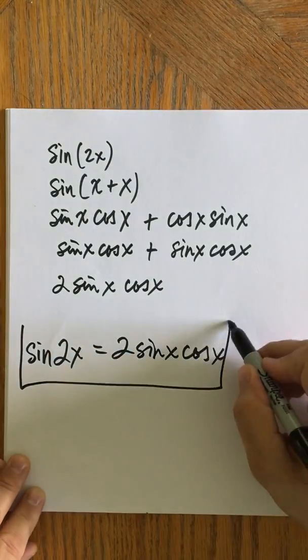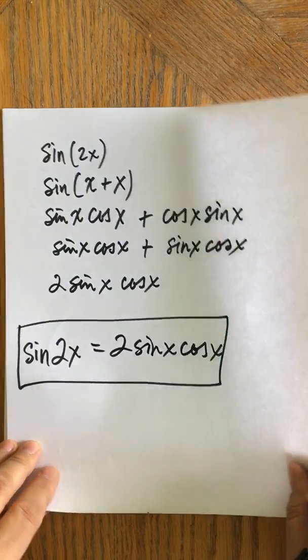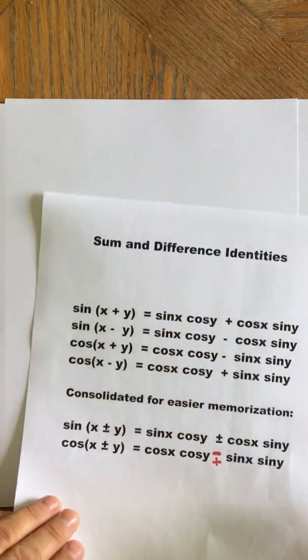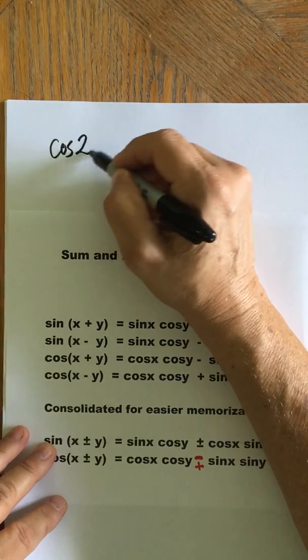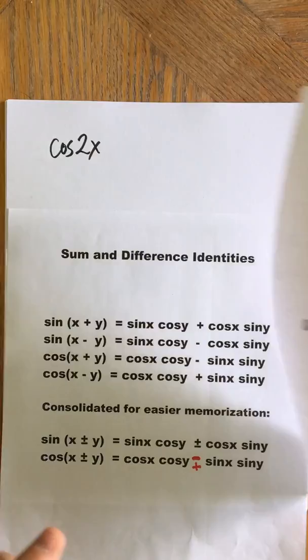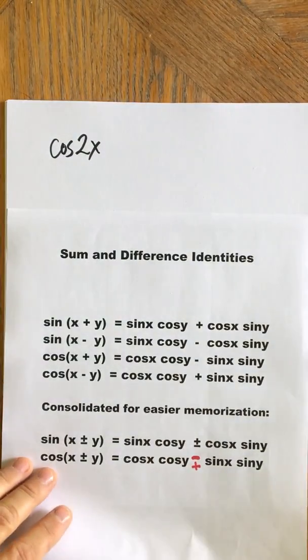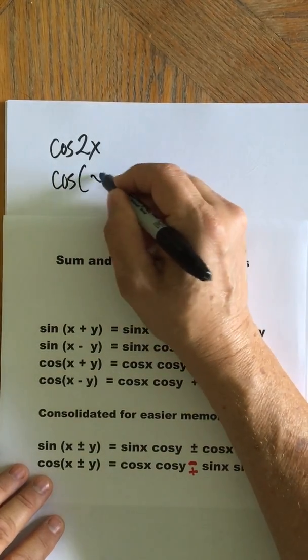There's one. Now let's do the double angle formulas for cosine. Since you saw the little trick of how to express the double angle as just the sum of two single angles that are the same, that's what we're going to do for cosine. If I start out with cosine of 2x, I can split it up and say that's x plus x.